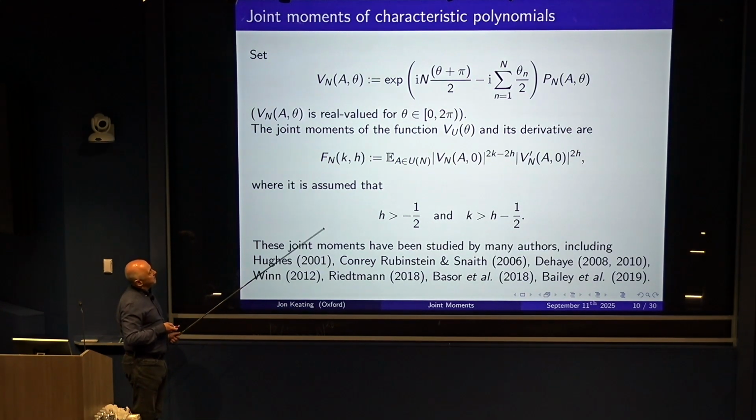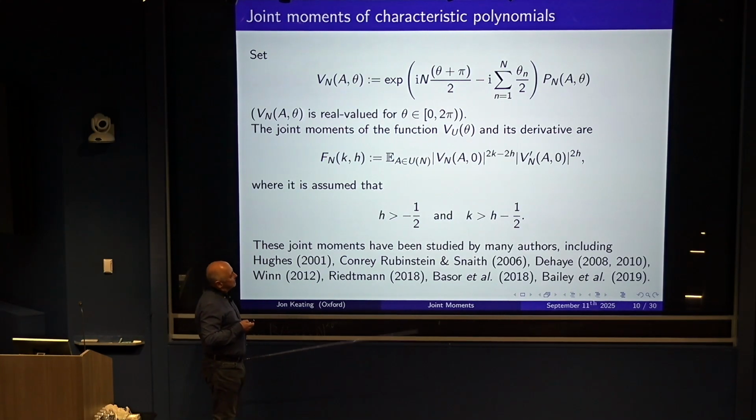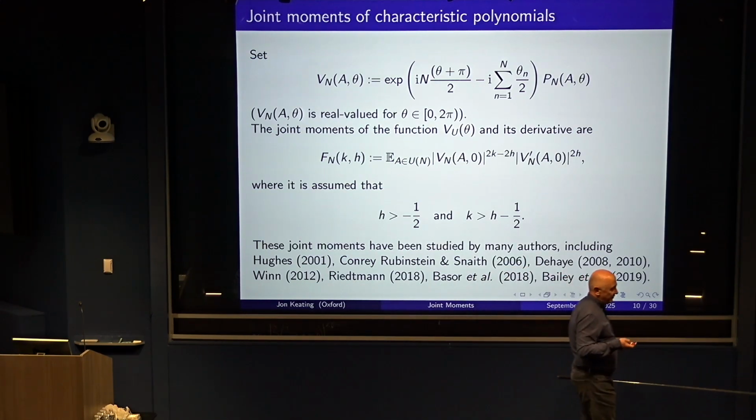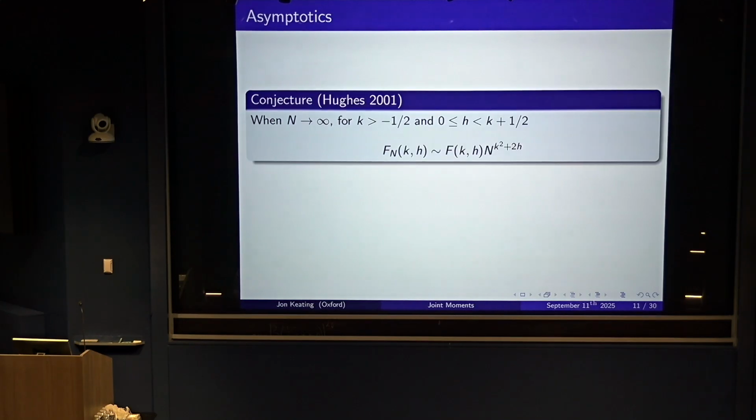The study of these in random matrix theory goes back to Chris Hughes in 2001, and many people have contributed to this subject, several of them in the audience here. So I'm going to summarize the history by saying these seem intrinsically more complicated analytically. They're not expressible as products of gamma functions. They seem to have an intrinsically more complex mathematical structure, and it's that structure I want to describe to you.